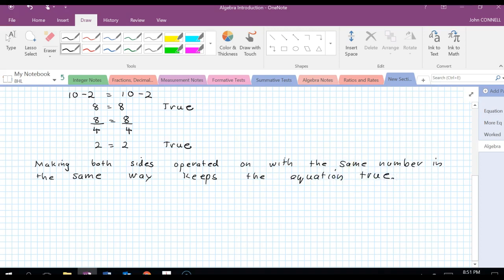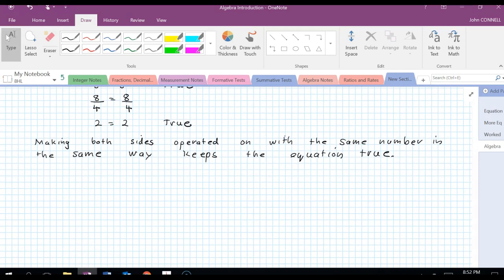Okay, so when we're thinking about algebra though, we're mainly thinking about something that represents a number. So a variable, we saw last time when we did algebra, a variable is a letter which represents a number.